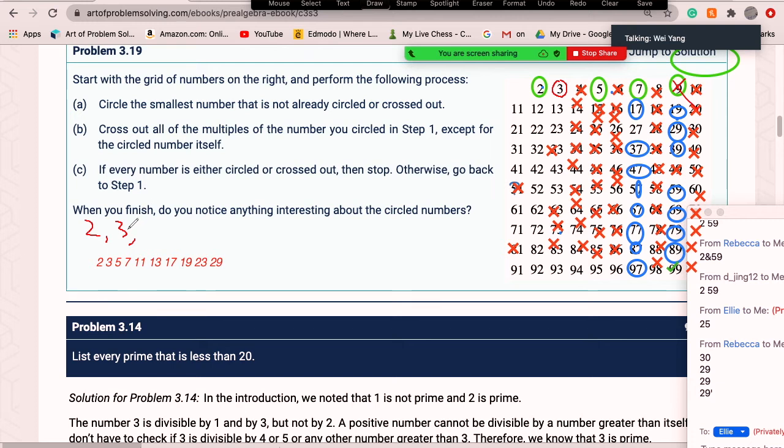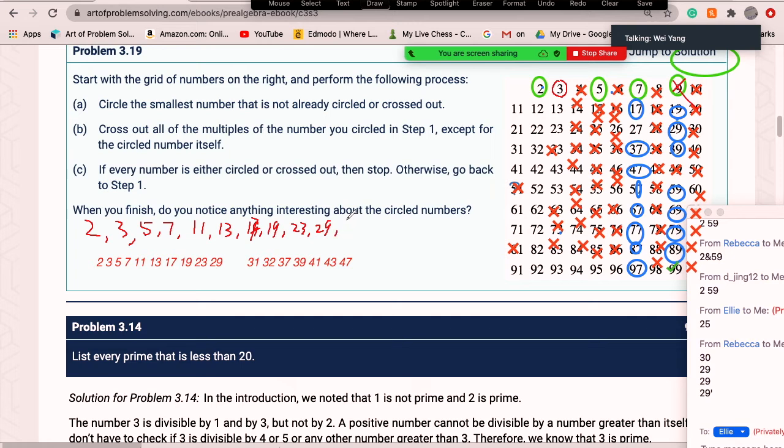So this one should be 2, 3, 5, 7, 11. Now let's see, 13, 17, 19. Then 23, 29.